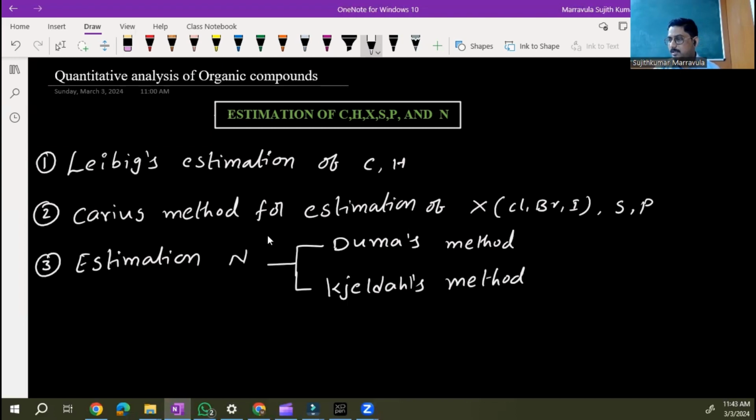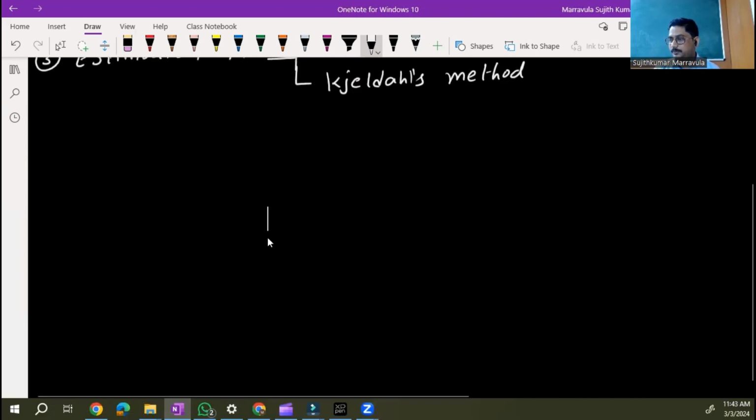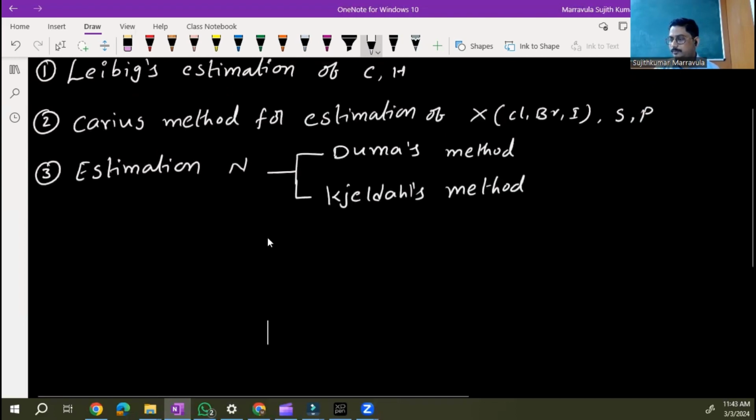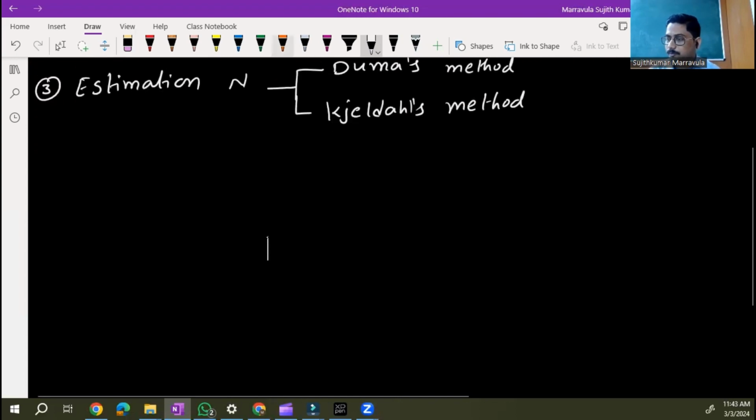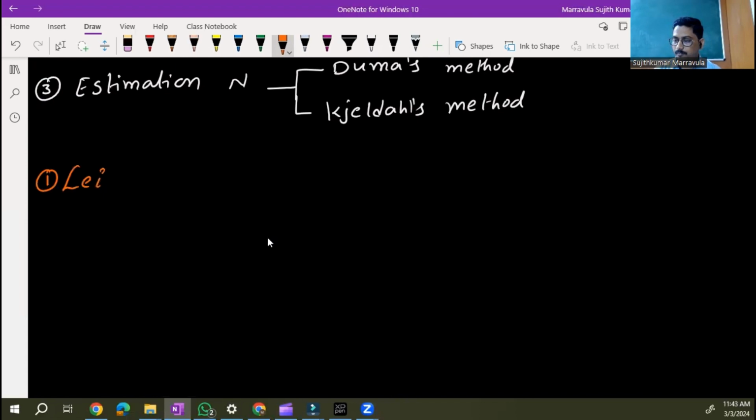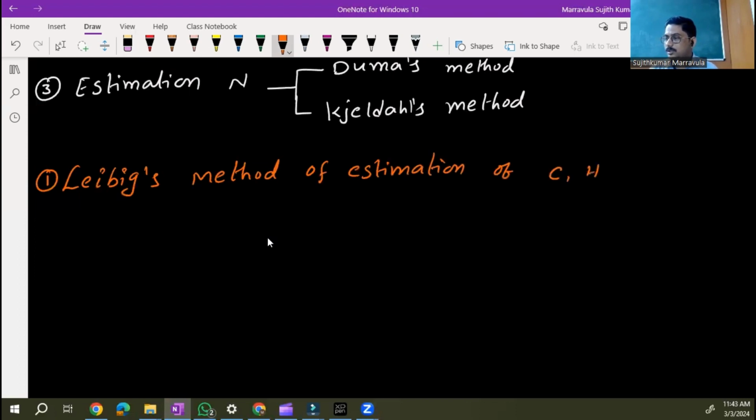The first one I am going to take is Leibig's method of estimation of carbon and hydrogen.